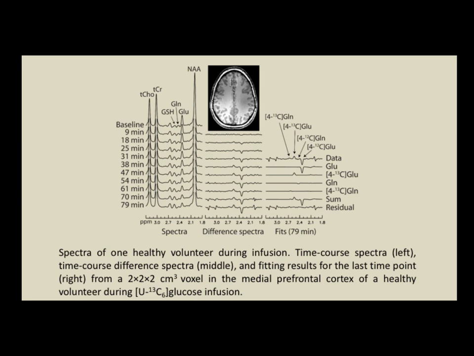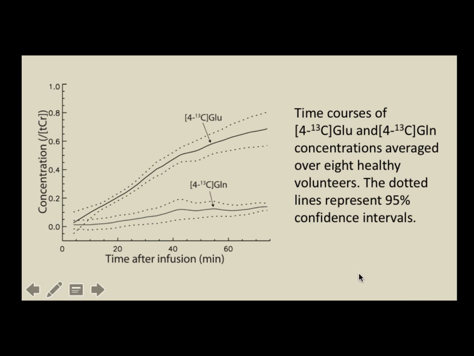So by fitting these different spectra, we get the concentrations of carbon-13 labeled glutamate and carbon-13 labeled glutamine during the infusion. This is a plot of the concentration of carbon-13 labeled glutamate and glutamine during the infusion.